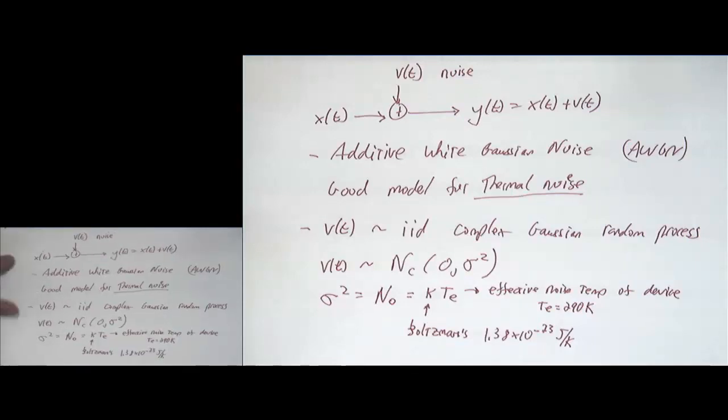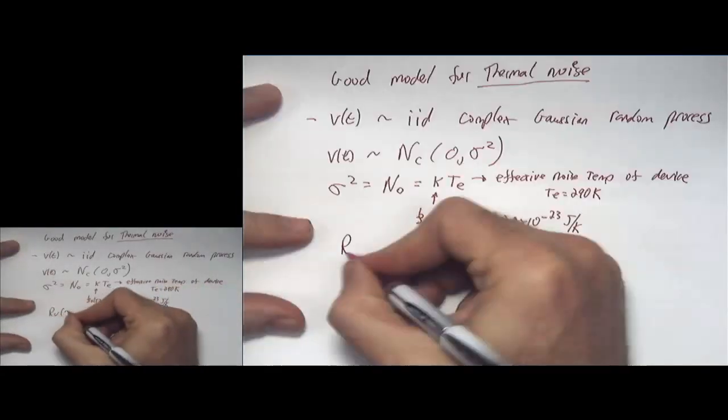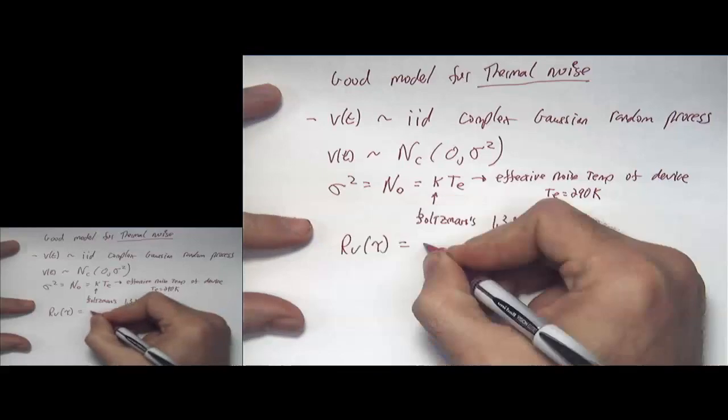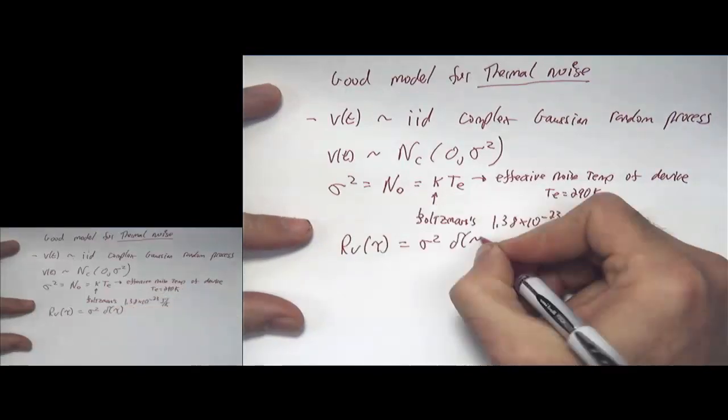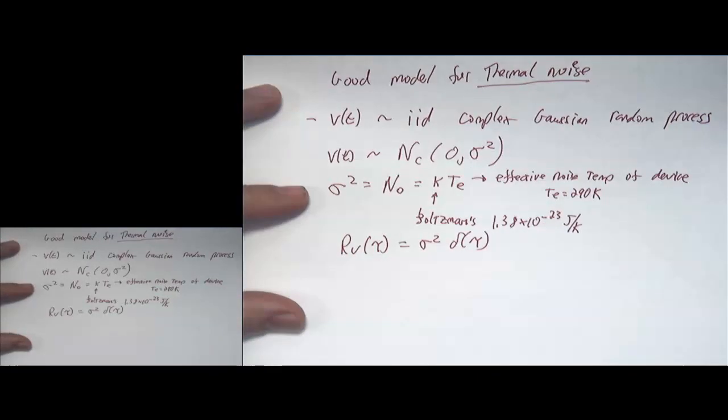Because of what's called the white assumption, the covariance function for this Gaussian noise is just sigma squared times delta of tau. It's a delta, which means in the frequency domain it's completely flat.